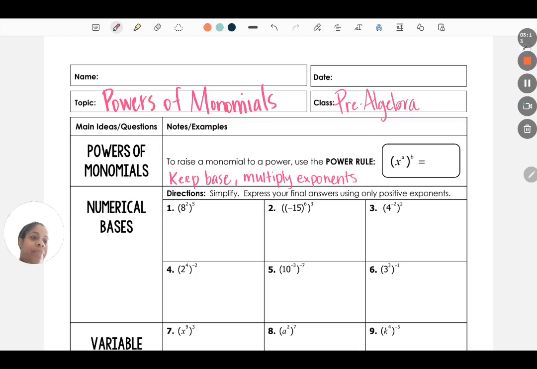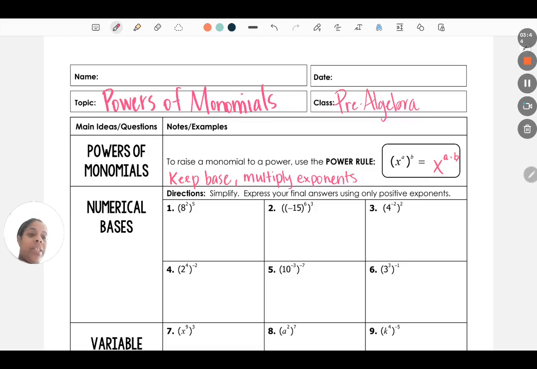In this scenario, we have x to the power of a, whatever a is, in parentheses, raised to the power of b. And we don't know what b is. So we keep the base, x, and then I would multiply a times b, whatever those two things are. Okay? All right, let's try using numerical bases.